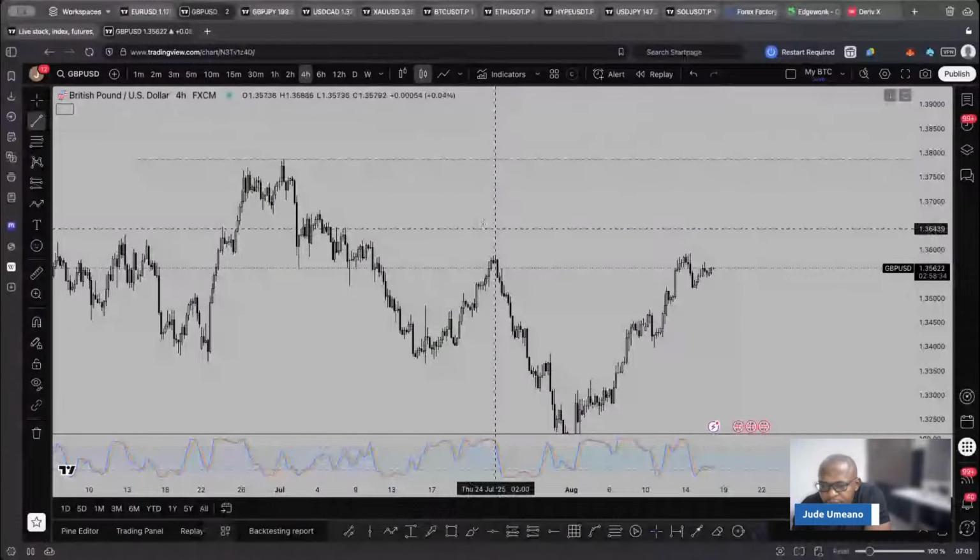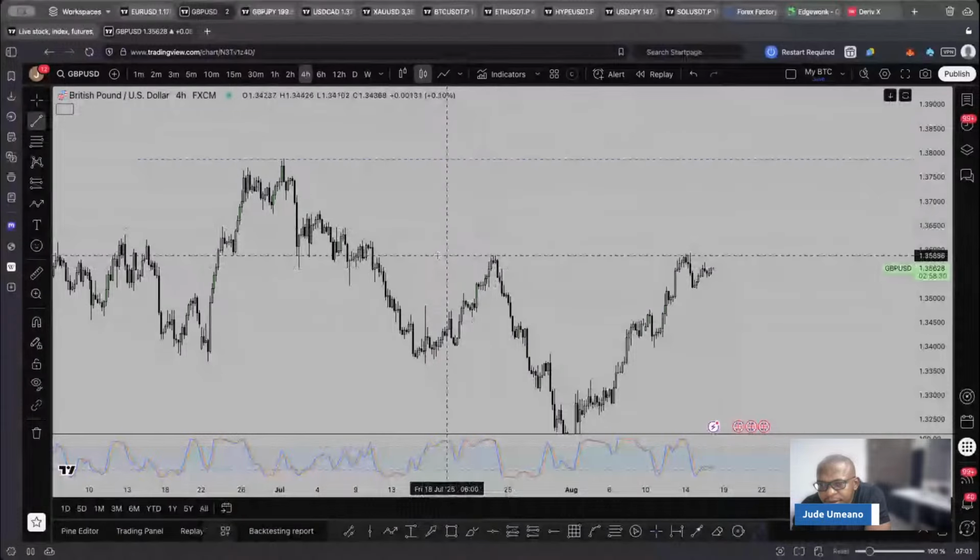So on the 4 hours, we can still see that equal highs from this point. They are just relative equal highs.